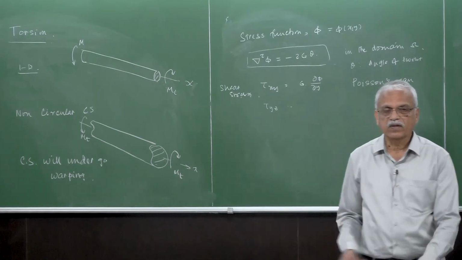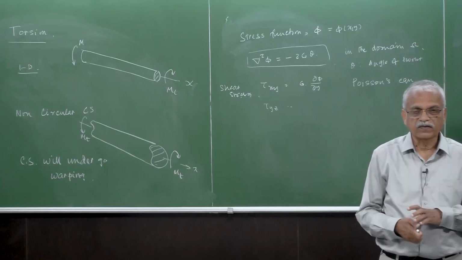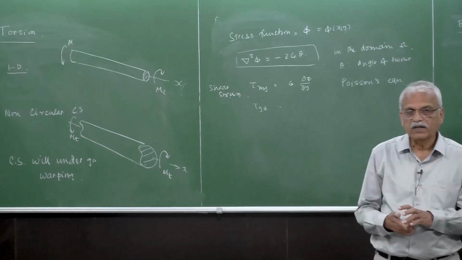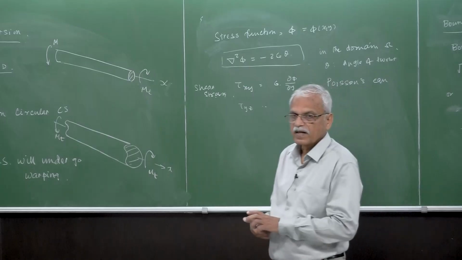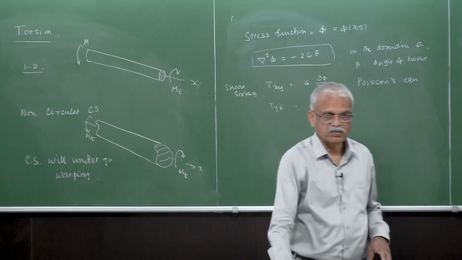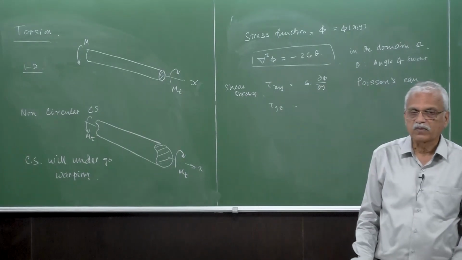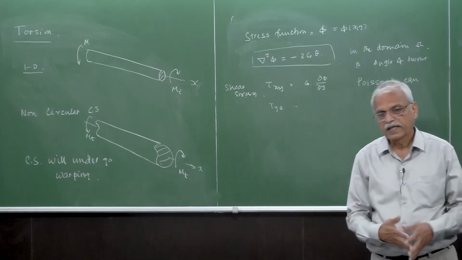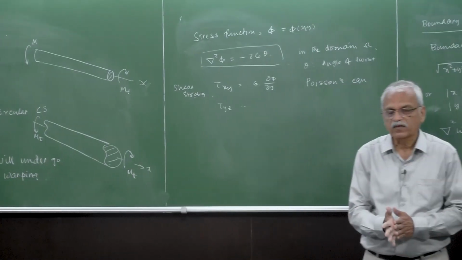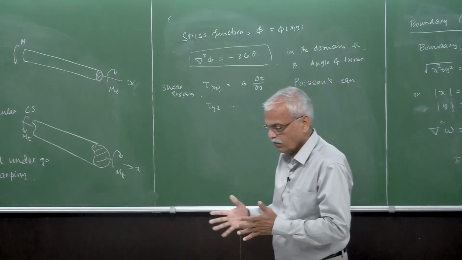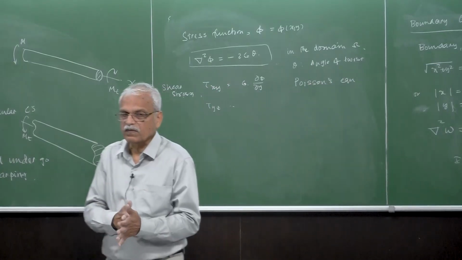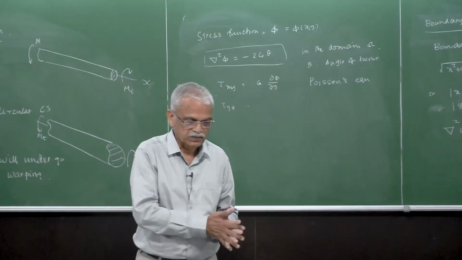A similar thing you can also see in the heat conduction problem, which we are going to see in our next class. The heat conduction problem also has a very similar nature, and there are many others such as groundwater flows and so on. They all fall under the class of this Poisson's equation or Laplace equation.